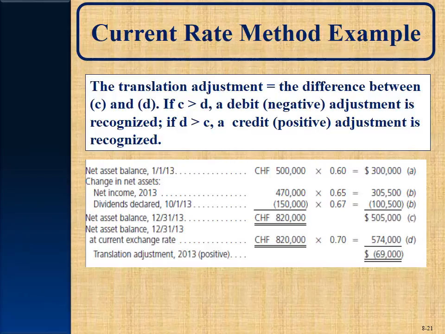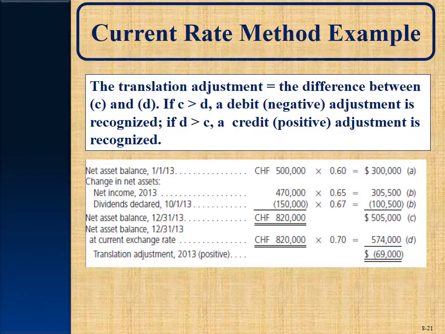If you take your net asset balance at 12/31/2013, which is the equity, convert it at the current rate of 70 cents and take the difference. That's how much your gain is. You have a translation gain.